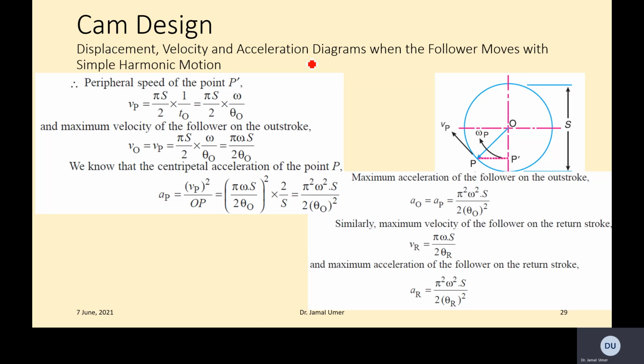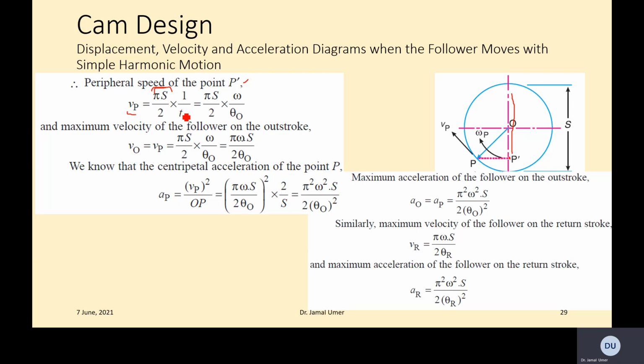So the peripheral speed of the point P prime, because it's just moving linearly, we use Vp, which should be equal to pi S over t0. S is the diameter, so S by 2 is r, and pi r is the distance traveled, divided by the time to cover that for the outward stroke.